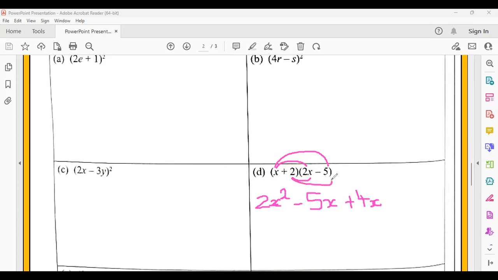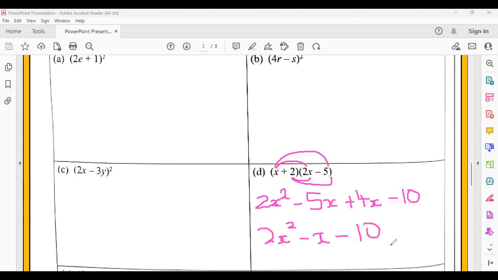And finally, 2 times negative 5, minus 10. So now I'll have 2x squared. Negative 5 plus 4, you end up with negative 1. Negative 1 means just x. 1x means x. And minus 10.